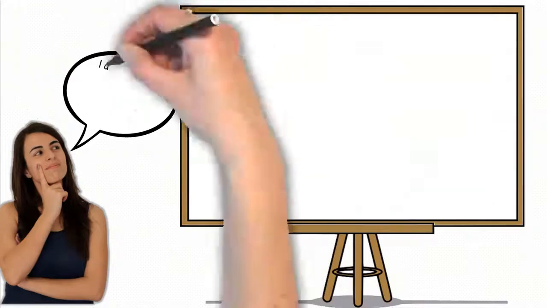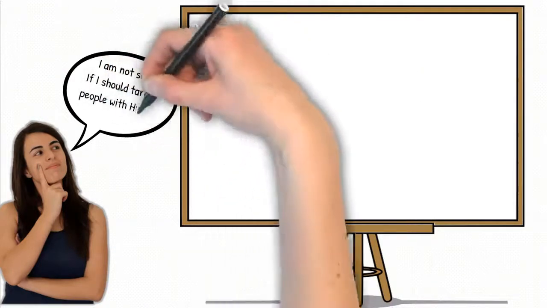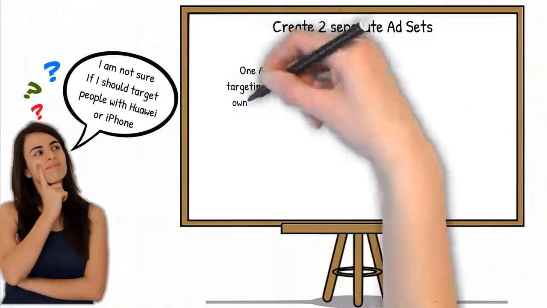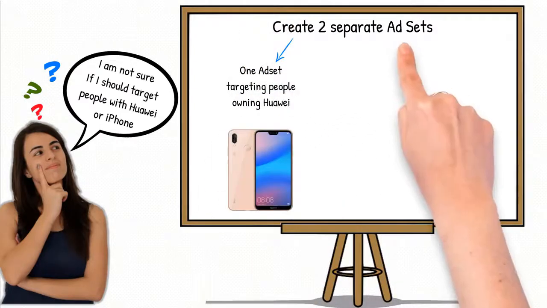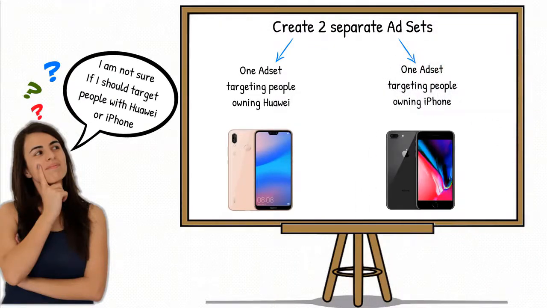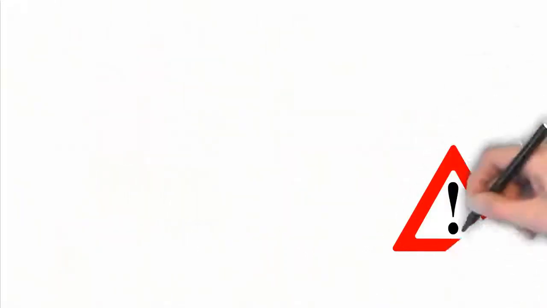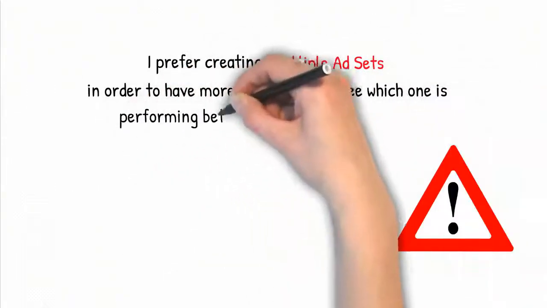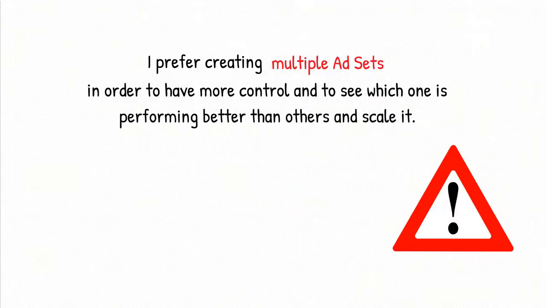Also, another example: if I have a certain doubt that people having a Huawei will be more interested in my product than people having an iPhone, then I will create 2 different ad sets, each one targeting people having a specific phone, and see which one converts better, and then shut down or optimize the second one. Personally, I prefer creating multiple ad sets in order to have more control and to see which one is performing better than others and scale it.